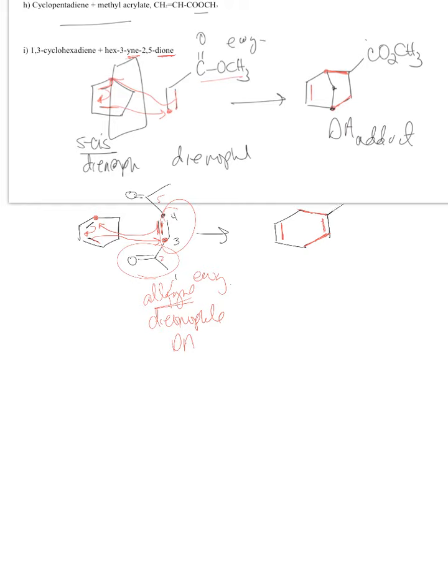So there's 3, that was 4, CH3, CH3, and then don't forget about our bridgehead, and this time we have 2 carbons. There's our little bridgehead, and that is our product, our Diels-Alder product.